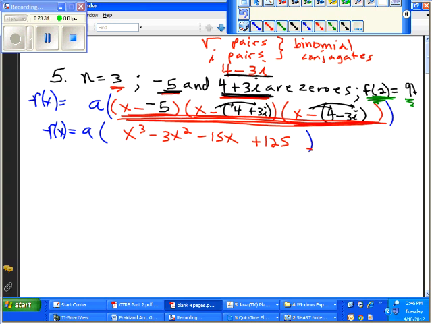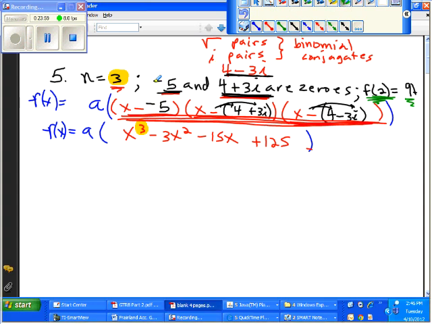Let me review what we've done, just in case I may have lost you. That would be understandable. Here's the information they gave us. They gave us that it's a third-degree polynomial, which means it's going to turn into an x cubed when all is said and done.